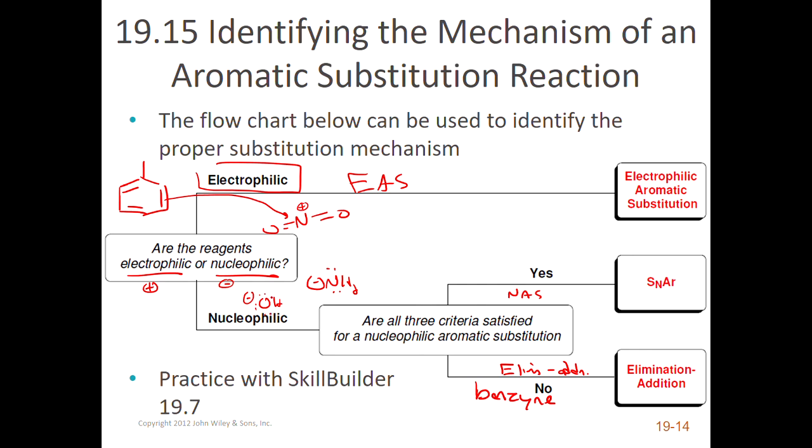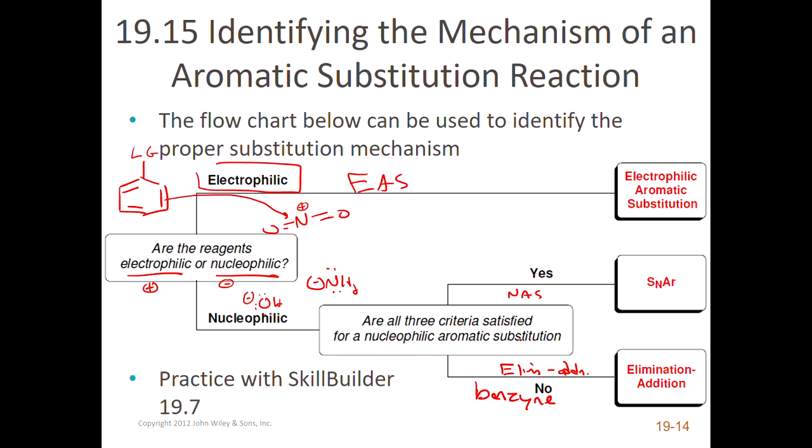So when the nucleophile attacks the benzene ring, in order for this to occur, there has to be a leaving group somewhere. So if you have a benzene ring with a leaving group and you add a nucleophile, you expect one of these two processes to occur.